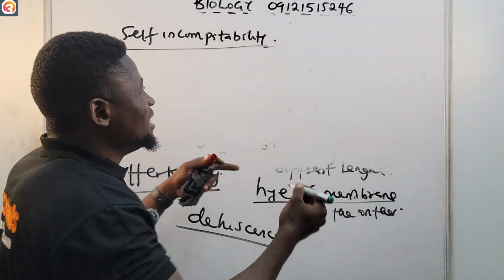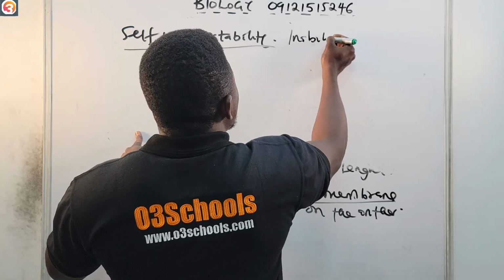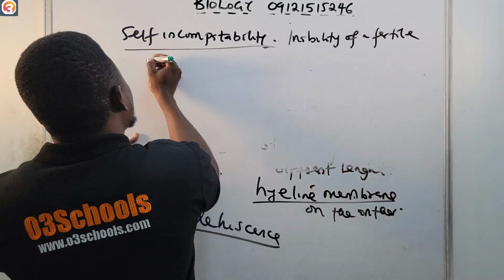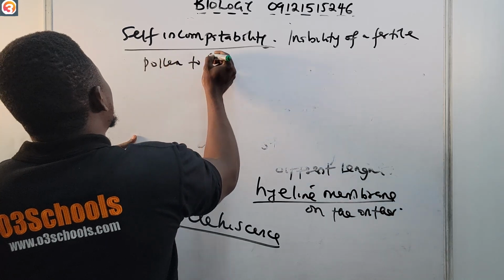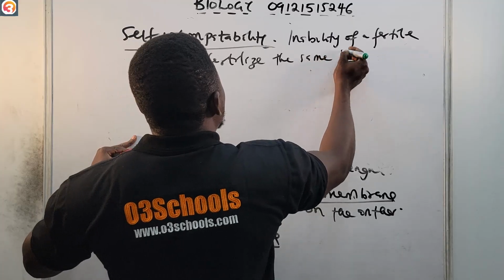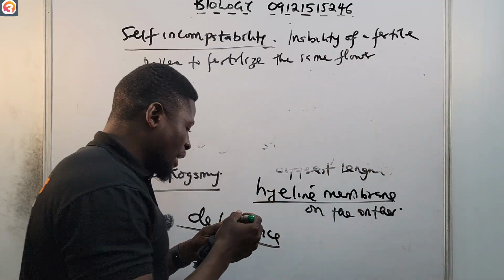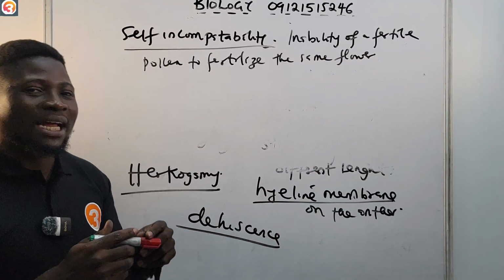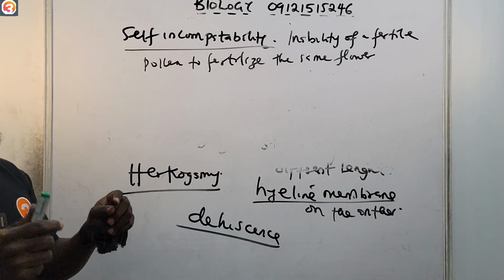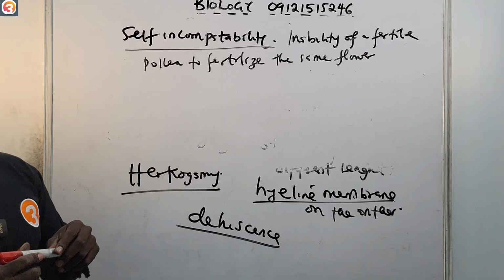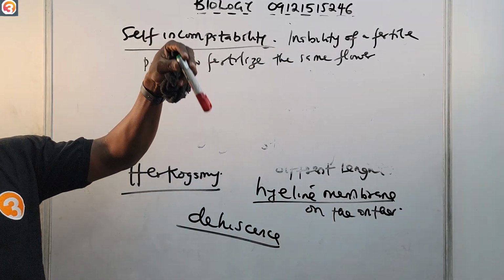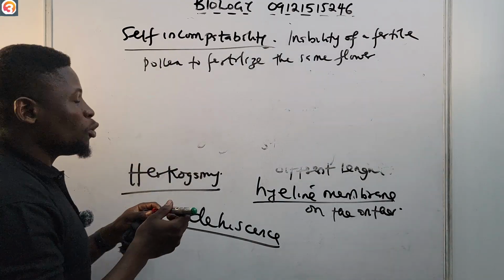It is the inability of a fertile pollen to fertilize the same flower. This means it may have the anther and the stigma, the male and the female reproductive organs, but it is incompatible with itself. So the inability of a fertile pollen to fertilize the same flower is what we call self-incompatibility.